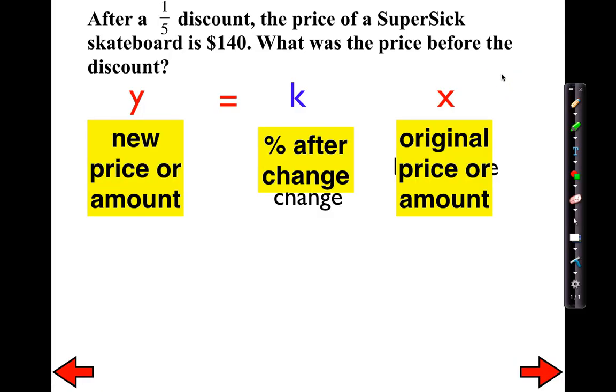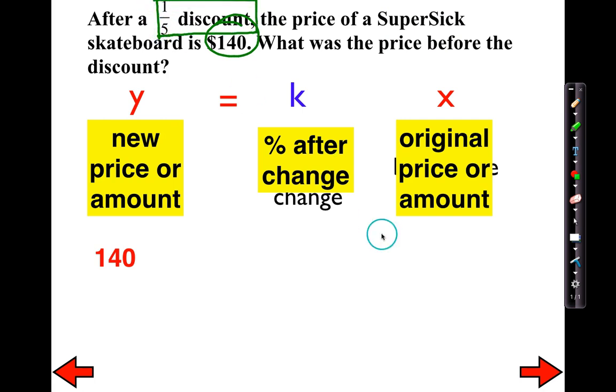So now all we have to do is plug in the information that we can get. So here, for sure I know this $140 is what you will be paying at the very end after your discount. So we're going to replace y with 140. Now here's a part that you have to be very careful about. I do understand that there is a 1/5 discount.